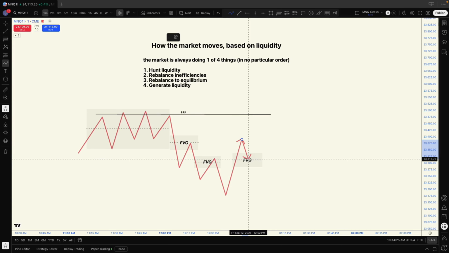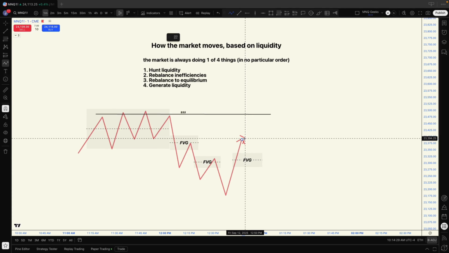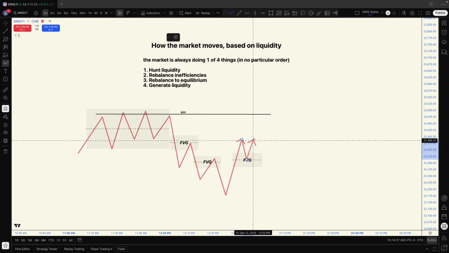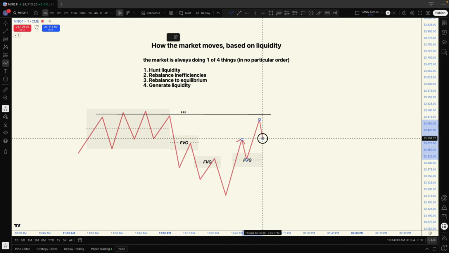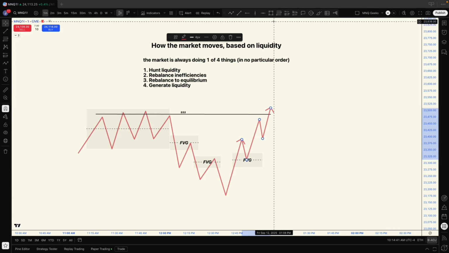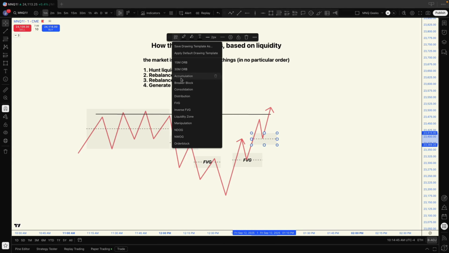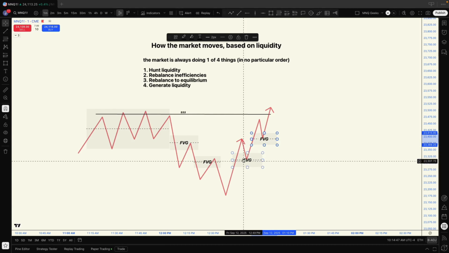They're literally gaps within the market where there's not much price action. So price is generally always going to come back to rebalance these inefficiencies, to fill these gaps before it moves back up in the right direction. Boom. And this could maybe even be another fair value gap that we retrace into.